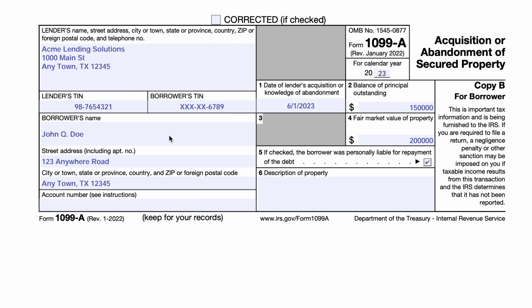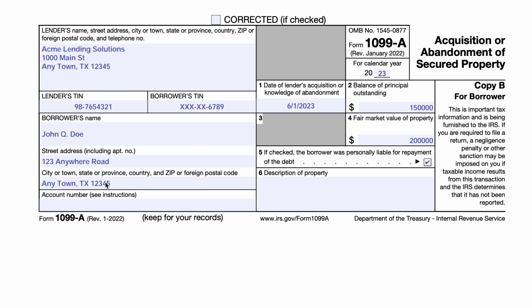In copies B and C, you'll see that the borrower's taxpayer ID number is truncated, meaning that they're only going to show the last 4 digits of either the Social Security number, the individual taxpayer ID number, an adoption taxpayer identification number, or an employer ID number. The copy A that goes to the IRS will always contain the full tax ID number.